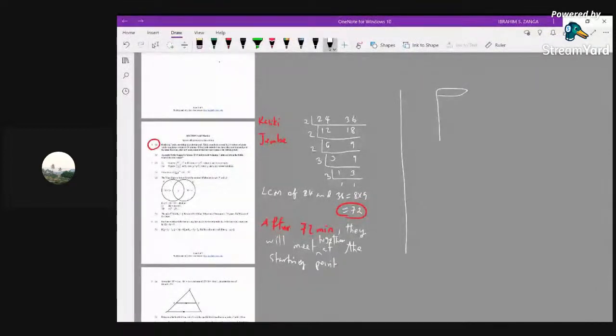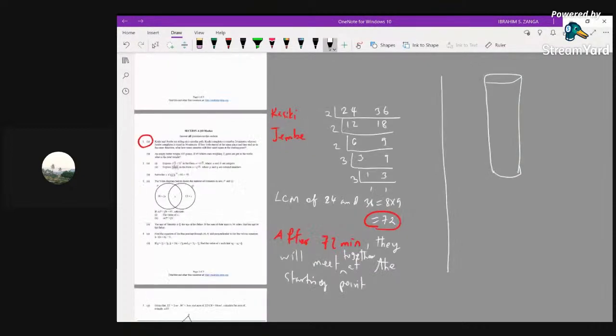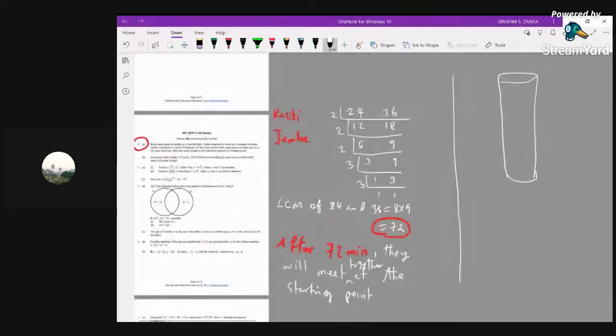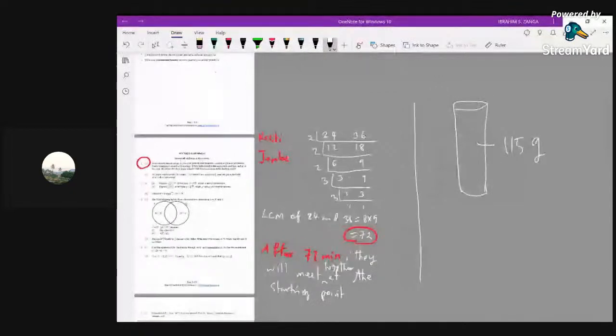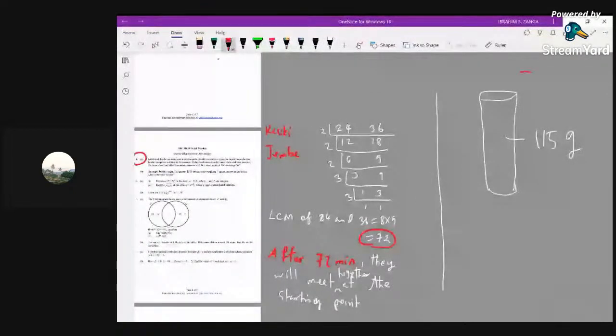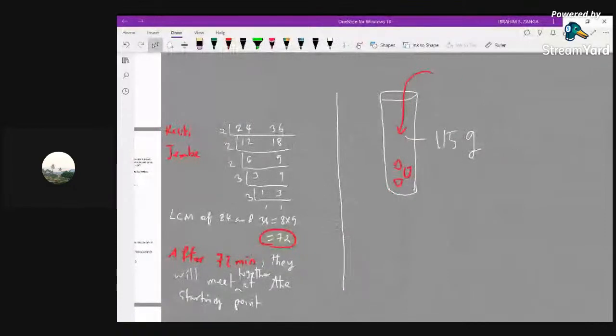I'm going to make a very simple assumption of the empty bottle, in which we know that its weight is 115 grams. Then we started putting tablets inside it. We have 45 tablets placed in the bottle, and the weight of each tablet is 3/5 grams.